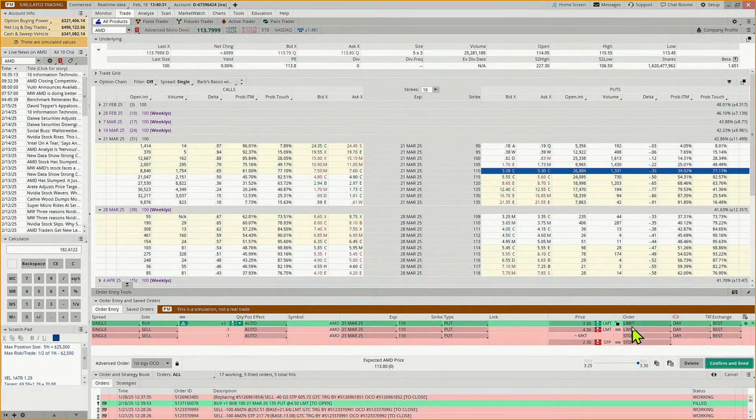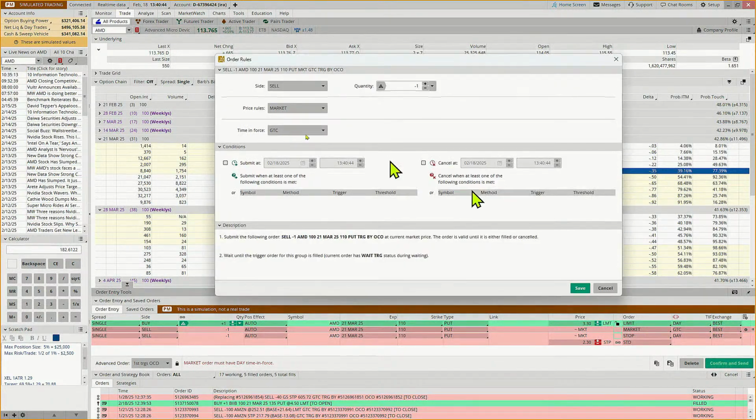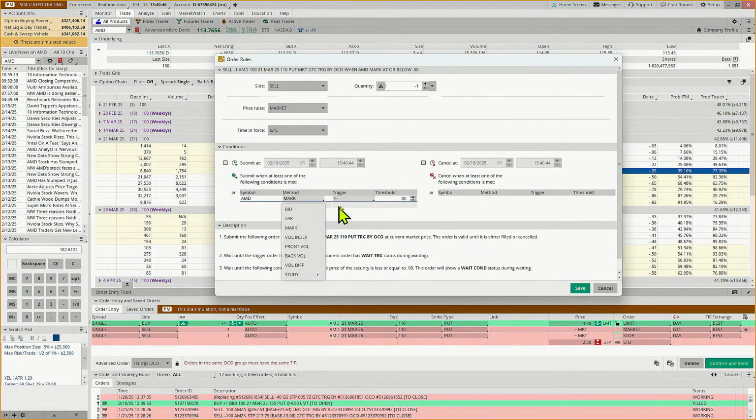And so here, both our target and our stop are going to be based on the price of the stock. And with a swing trade, we usually base our exit on the price of the option.